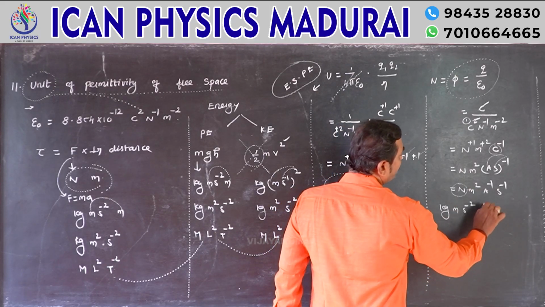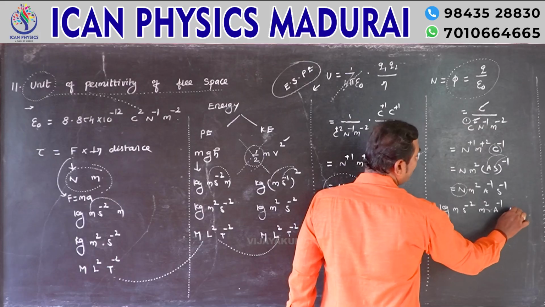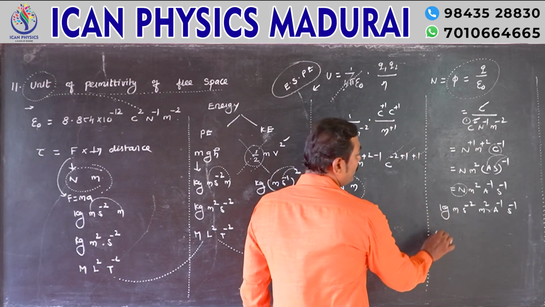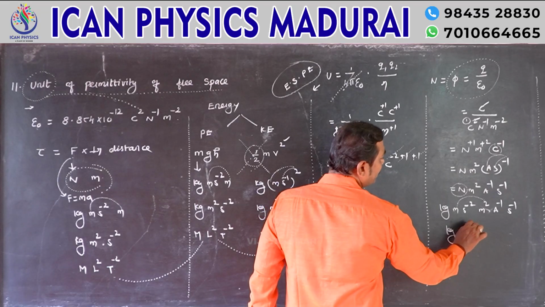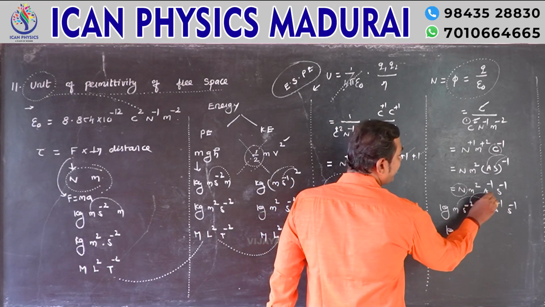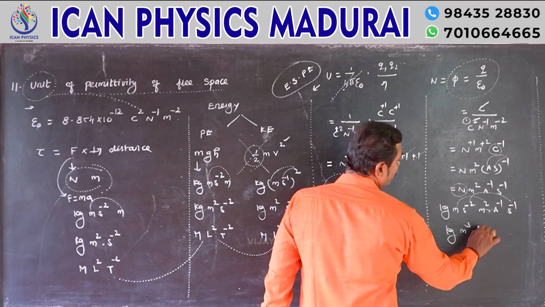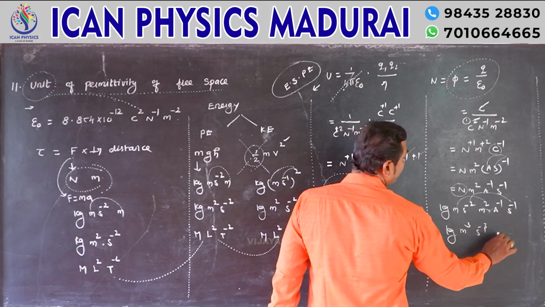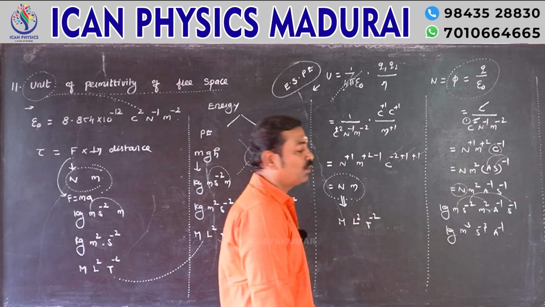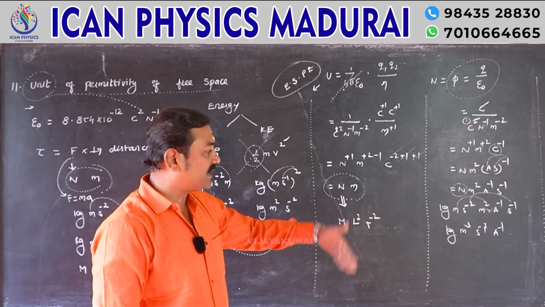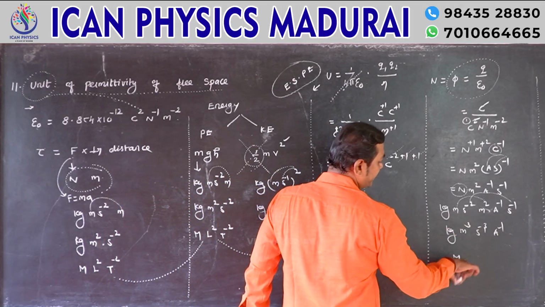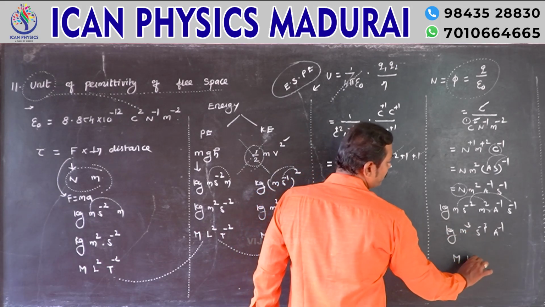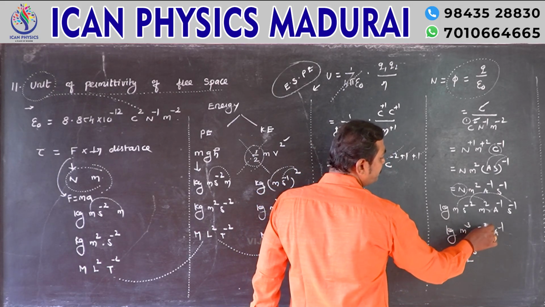Here we have meter square per ampere per second. Now kilogram, meter square into meter, meter cube, second power minus 2 minus 1, minus 3, and ampere power minus 1. Now we can convert it into dimensional formula. That is kilogram, capital M, meter cube, L power 3, T power minus 3.